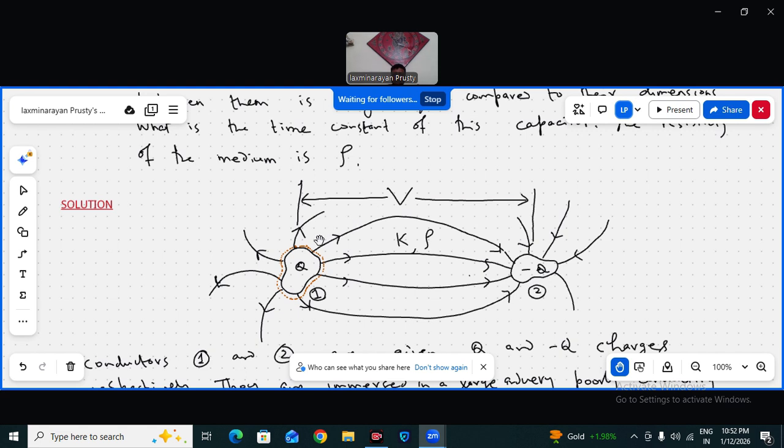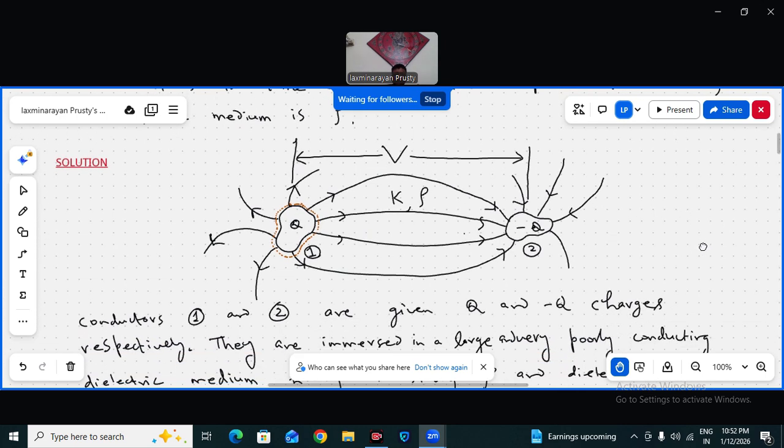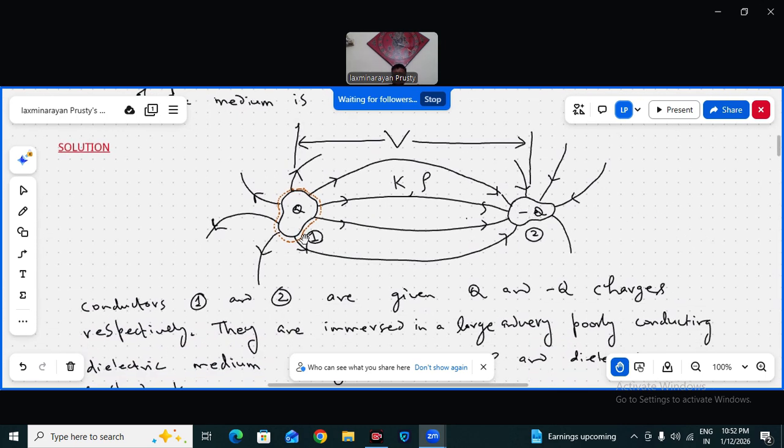And I've shown you the field lines. K is the dielectric constant, rho is the resistivity. I've shown in a schematic diagram these lines of force almost perpendicular to the surface of the conducting bodies. These are the conducting bodies, conductors 1 and 2.